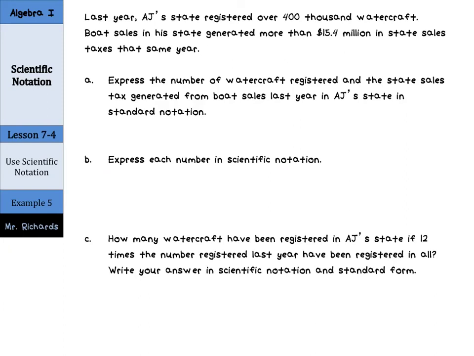Well, if we look at the watercraft registered, that was 400,000, which we can just write as standard notation, 400,000. As for the state sales tax, taking the $15.4 million, well, we can write our dollar sign. 15.4 million is 15 million, and then 400,000.